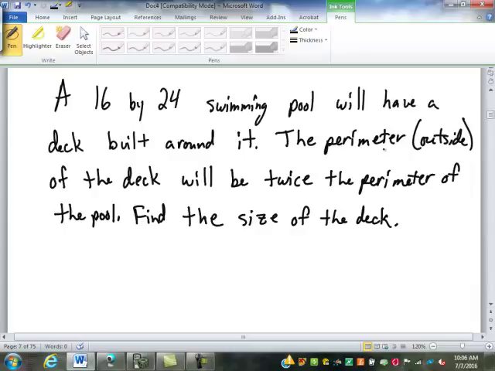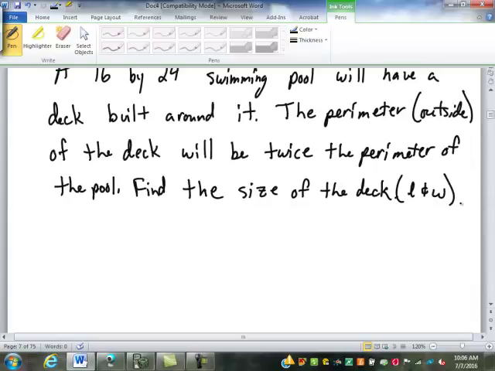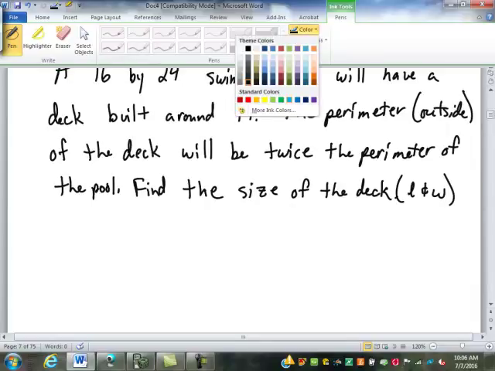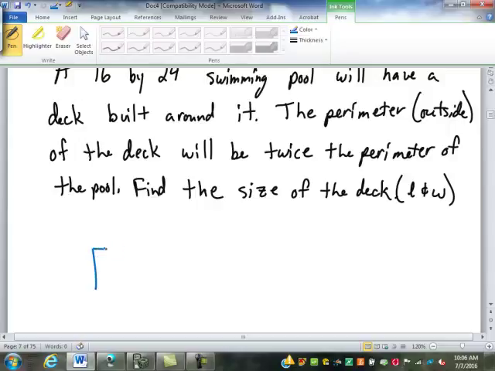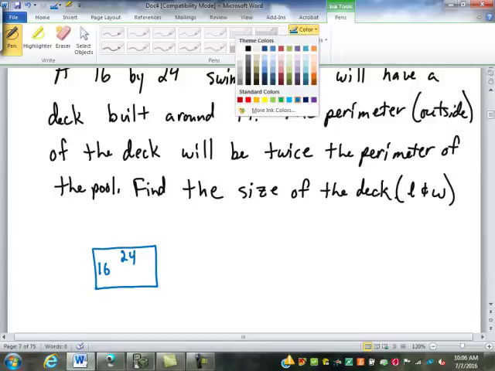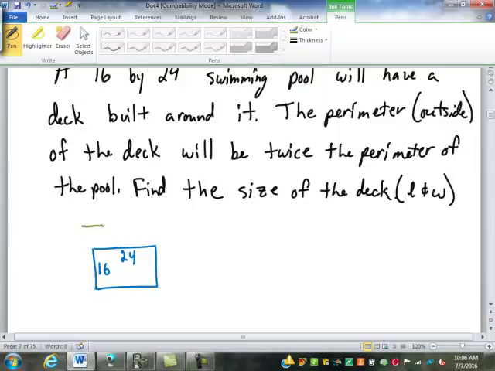So what I want by the size of the deck is I want the length and the width of the deck overall. So let me illustrate this for you to show you what I mean. I'll use blue for the pool, and this pool is 16 by 24. We are going to build a deck around the pool like this. Same amount in every direction.